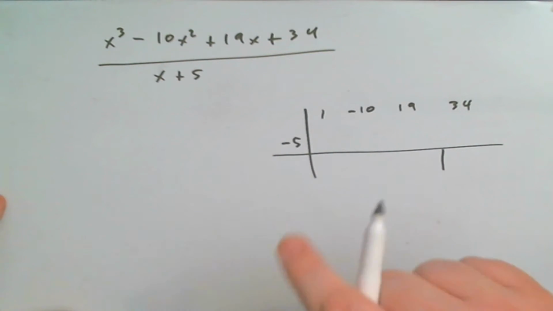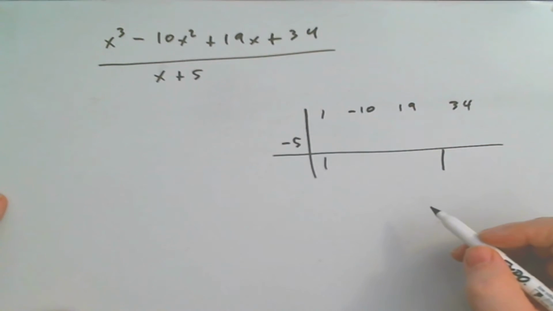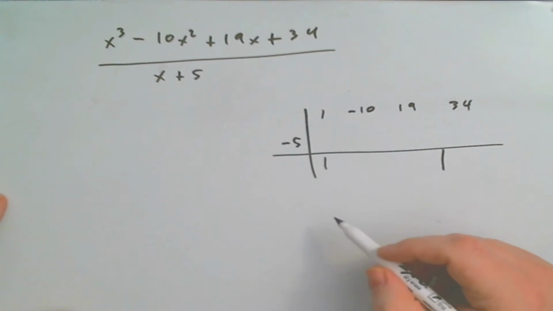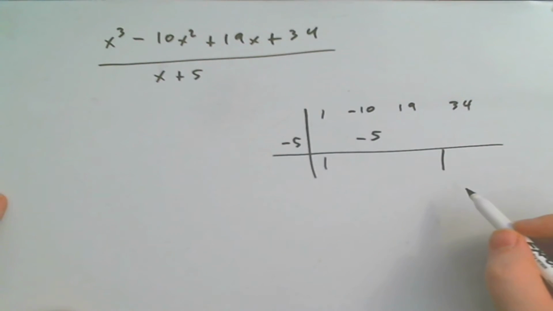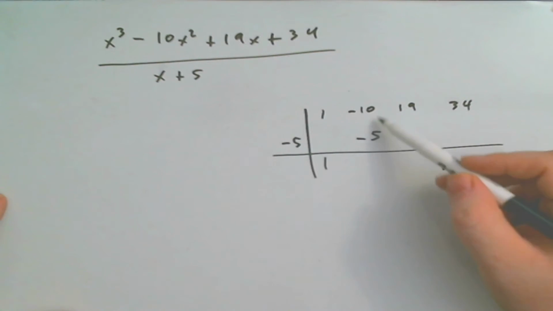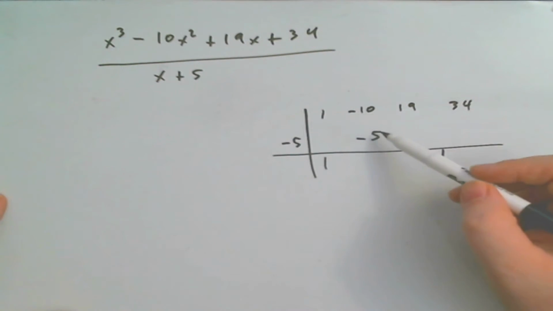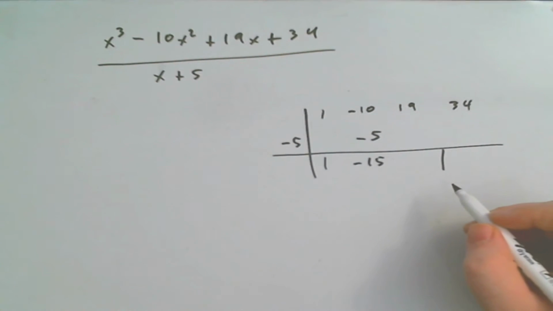Okay, so let's do the process again. Bring down the 1, straight down, and then multiply. Negative 5 times 1 gives us negative 5. We then add. Here's the advantage of synthetic division. We add this column: negative 10 plus a negative 5 gives me negative 15.